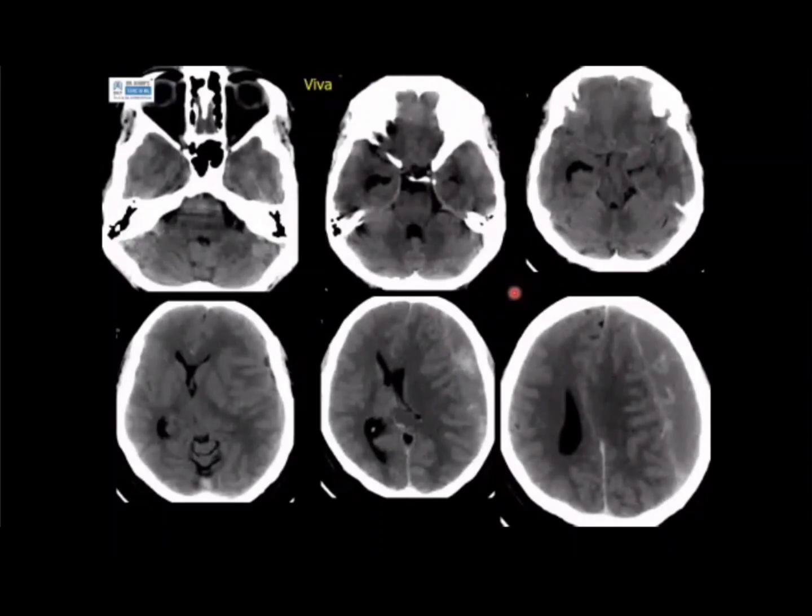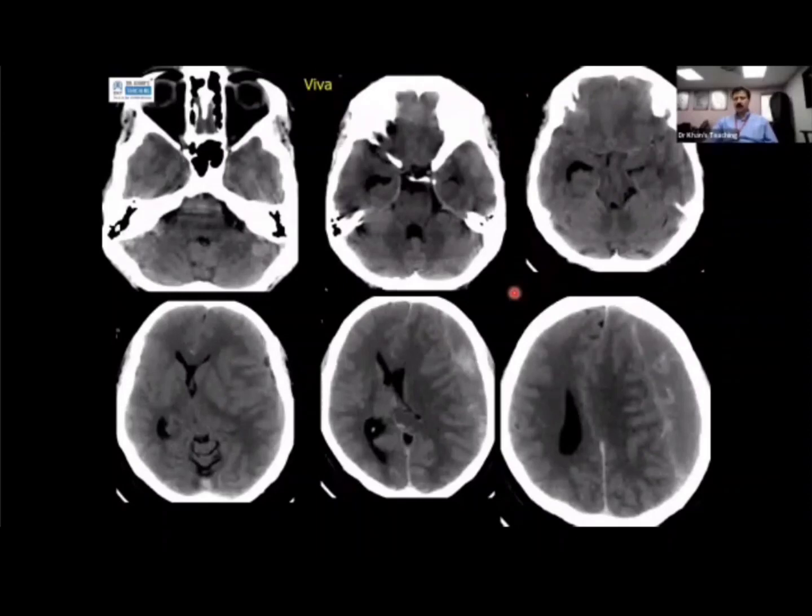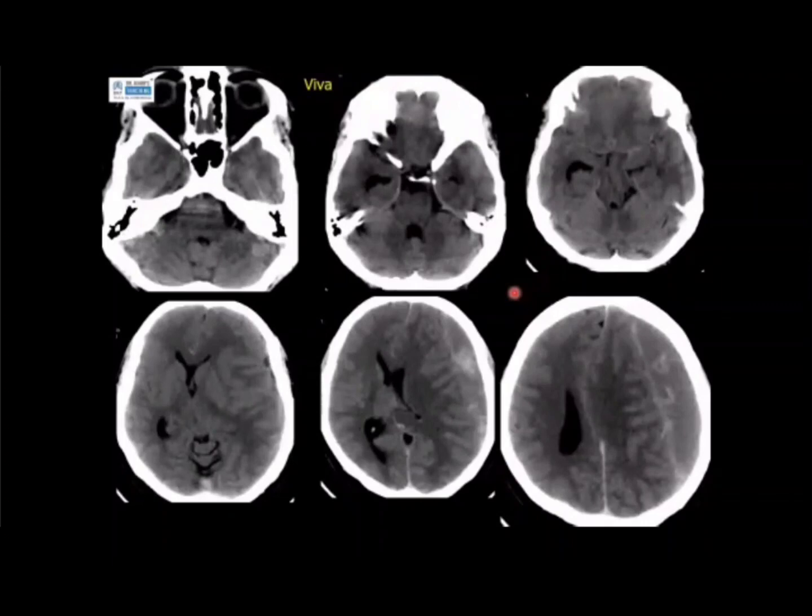So I will inform these findings to my referring clinician. So what is the conclusion? This is an acute on chronic subdural hematoma with mass effect. What do you mean, mass effect? Can you be more elaborate? In conclusion, I just want you to conclude it. There is midline shift and obliteration of the basal cisterns.